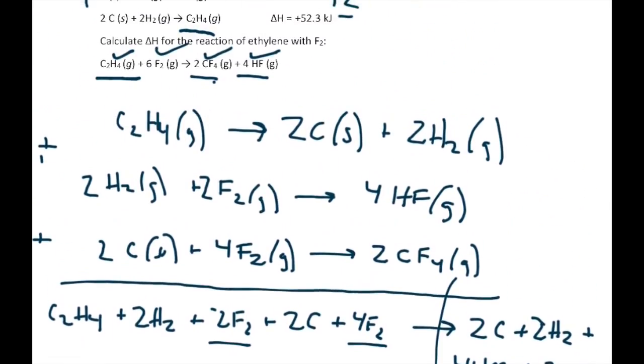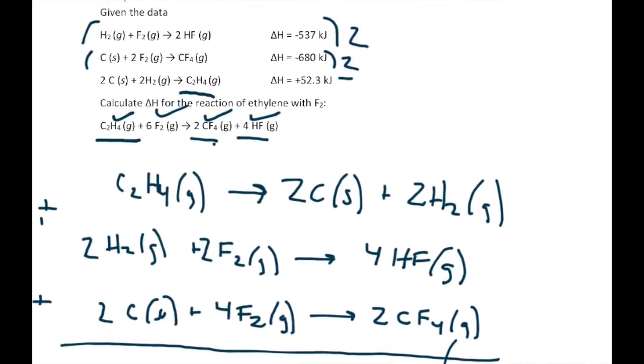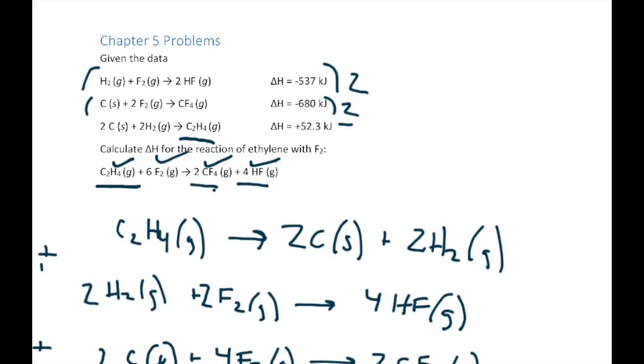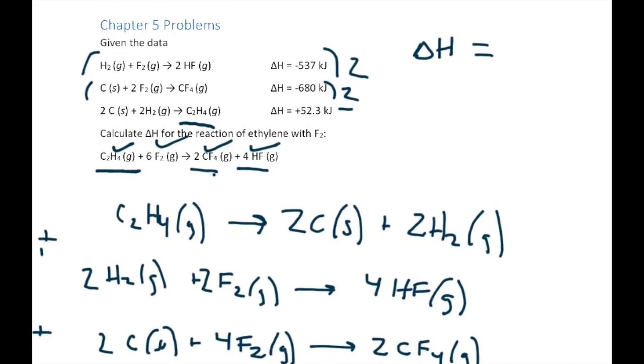Now we need to figure out what to do with the delta H values. So delta H for the reaction is going to equal, we're looking at our 3 delta H values of our components. What do we do to the first reaction? We multiplied it by 2. You can see that listed as our second reaction.